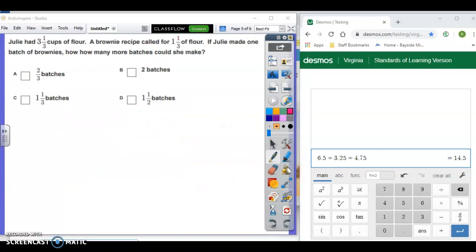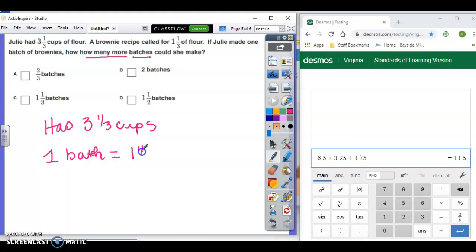All right, this is question number 17. Julie had 3 1/3 cups of flour. A brownie recipe called for 1 1/3 cups of flour. If Julie made one batch of brownies, how many more batches could she make? So she has 3 1/3 cups and one batch equals 1 1/3.